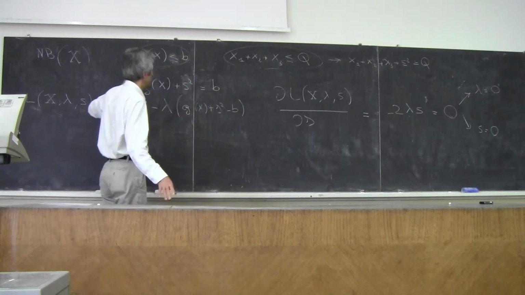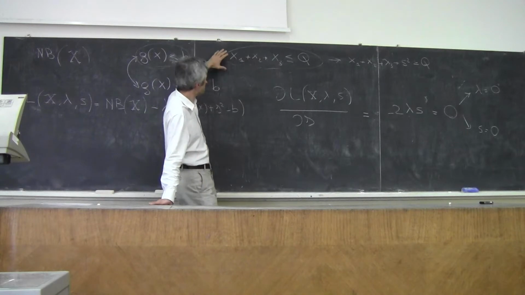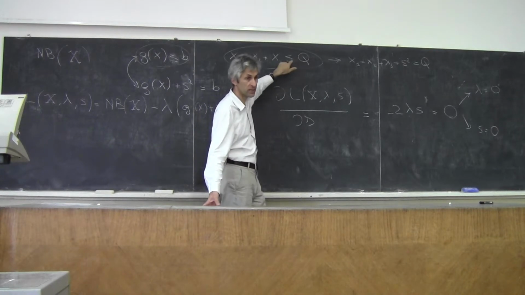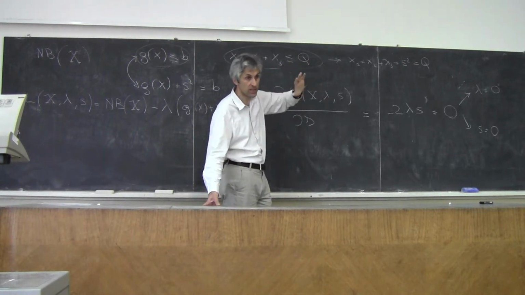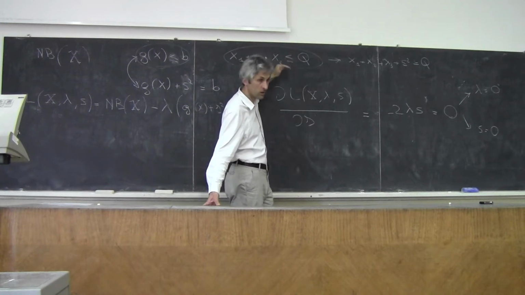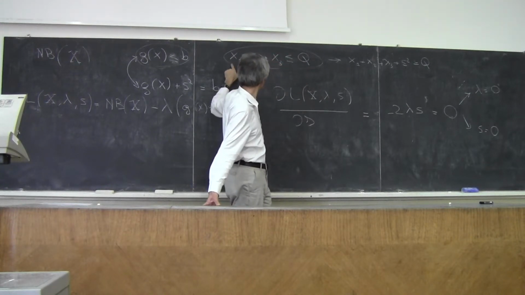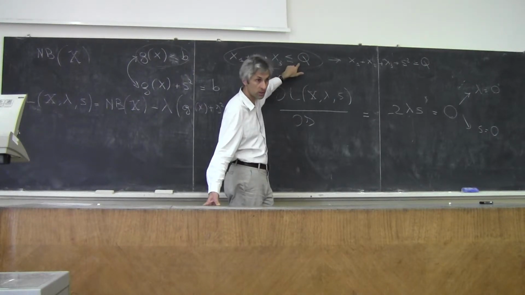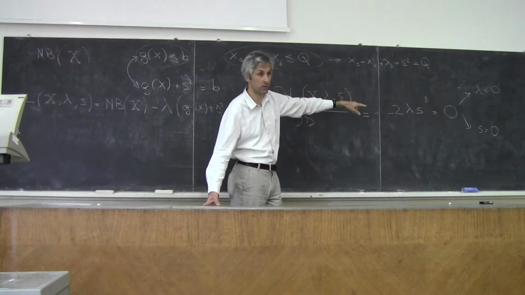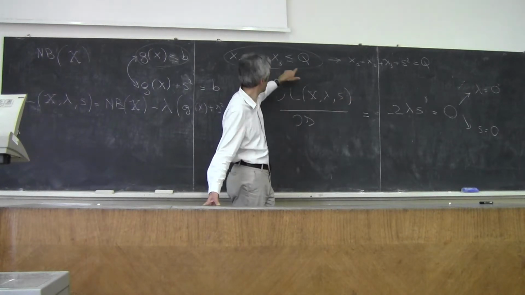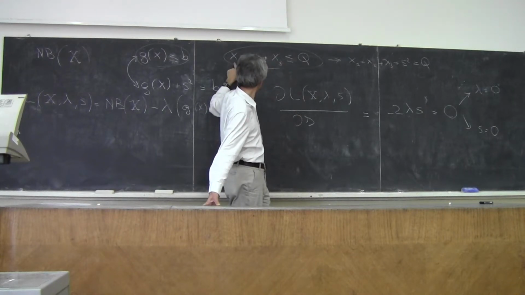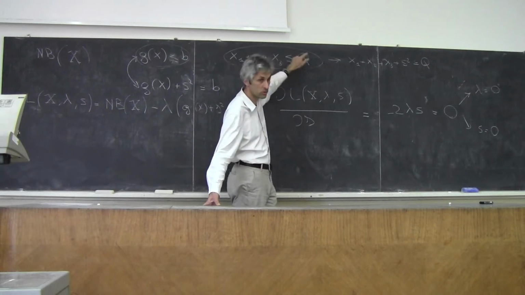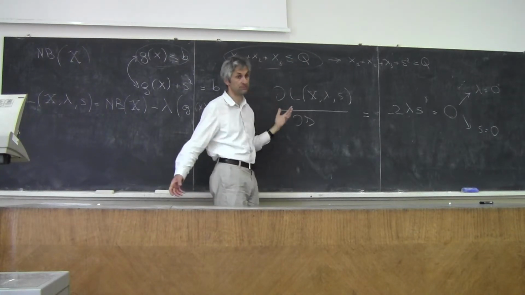Indeed, if you think of a constraint where your water use can be equal to Q or less than that, only two cases are possible. Either the sum of x1 plus x2 plus x3 is equal to Q, and then this means adopting the equality constraint, s equal to 0, or the sum of x1 plus x2 plus x3 is less than Q, and therefore there is no reason to introduce the constraint.